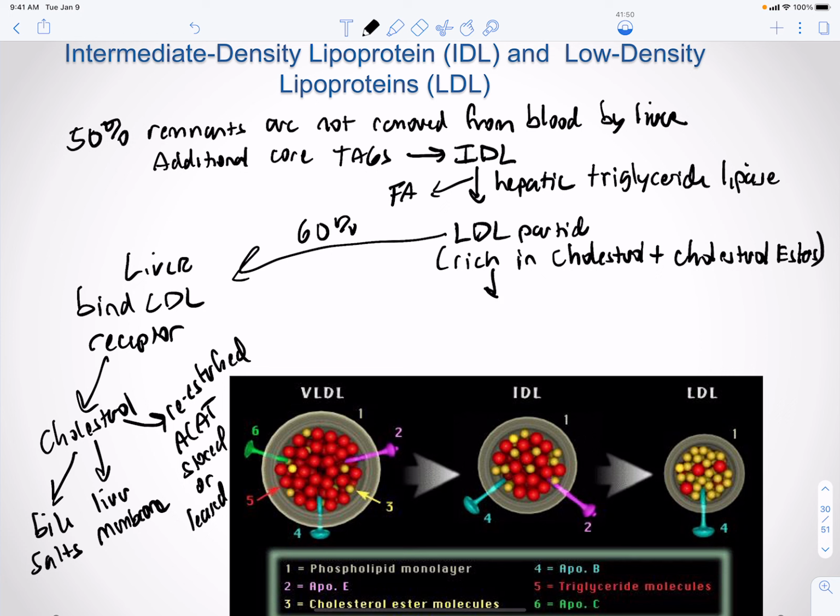The remaining 40% of these are carried to what are referred to as extrahepatic tissues, and these are tissues that need cholesterol.